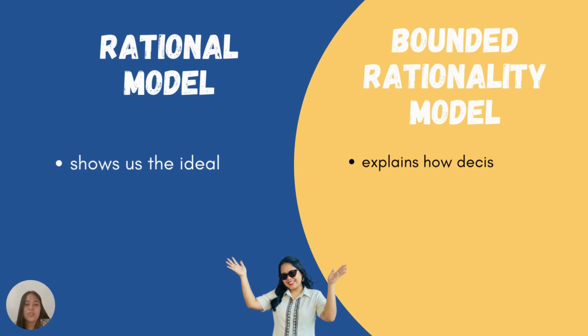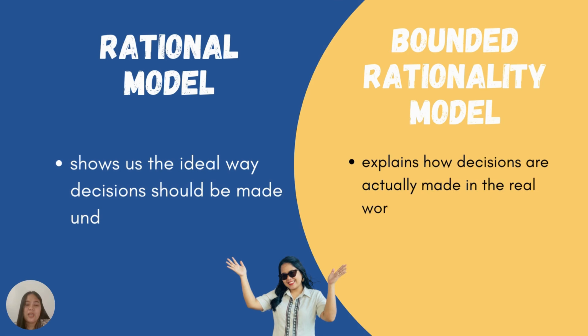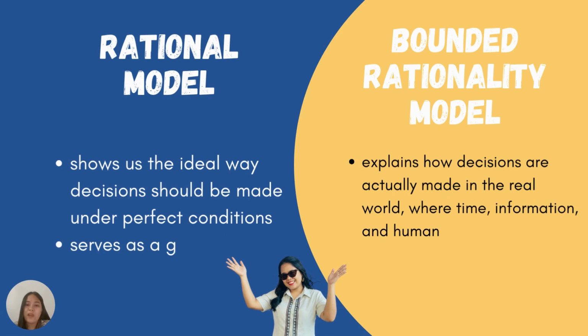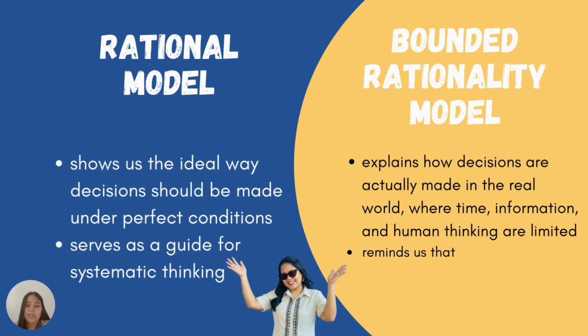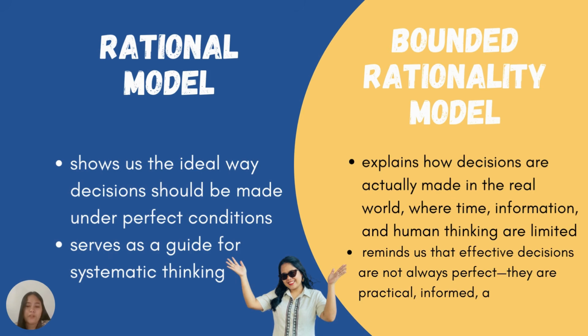Rational model shows the ideal way decisions should be made under perfect conditions. It serves as a guide for systematic thinking. While bounded rationality model explains how decisions are actually made in the real world, where time, information, and human thinking are limited. It reminds us that effective decisions are not always perfect, but they are practical, informed, and appropriate to the situation.